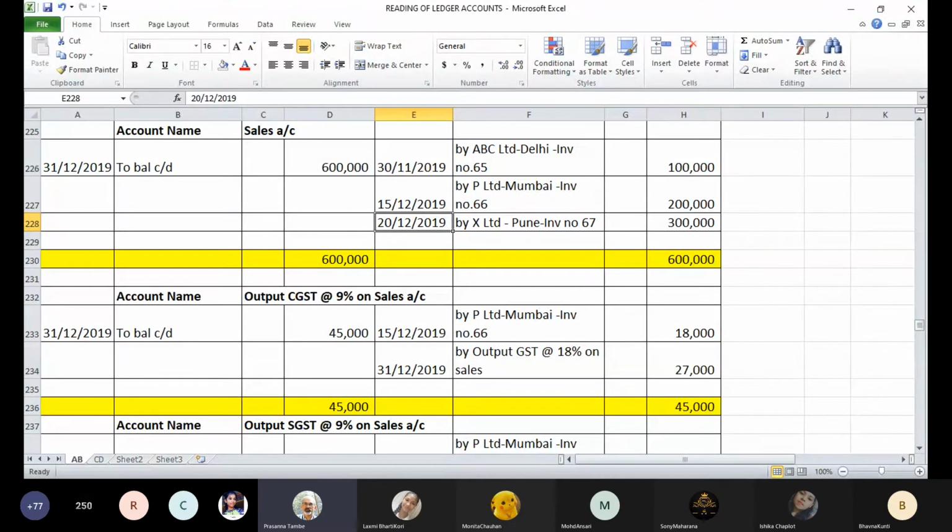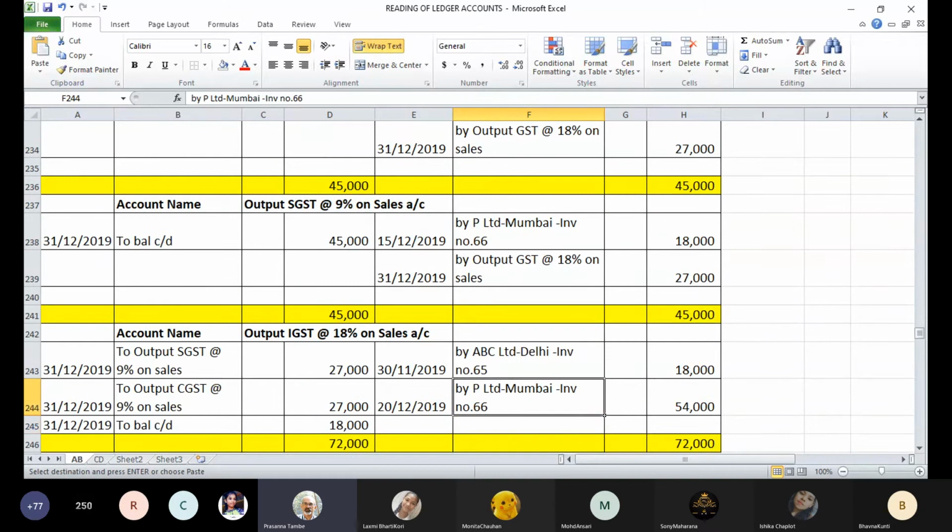If it is the same state, it won't be IGST. It will be CGST and SGST. So CGST and SGST accounts should have been credited for 54,000.